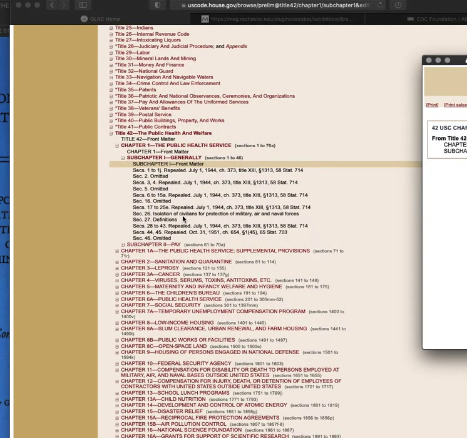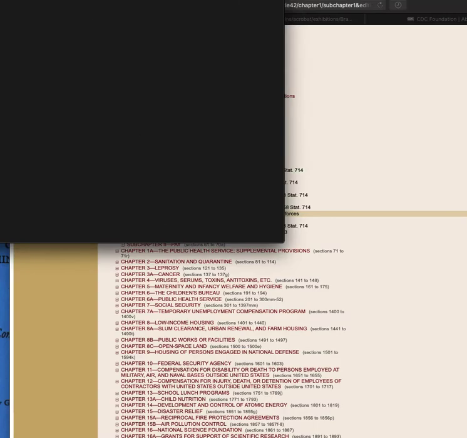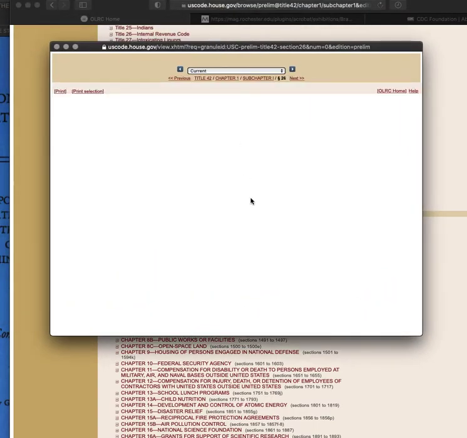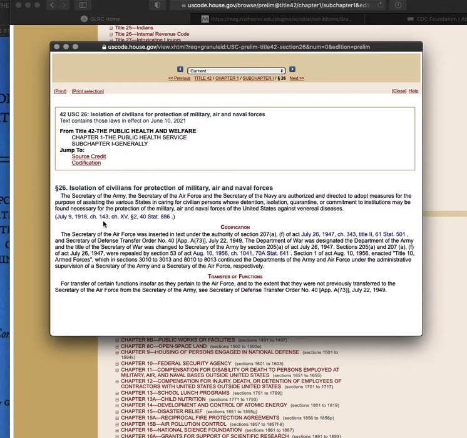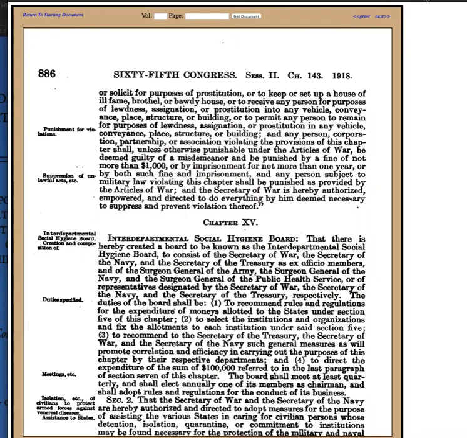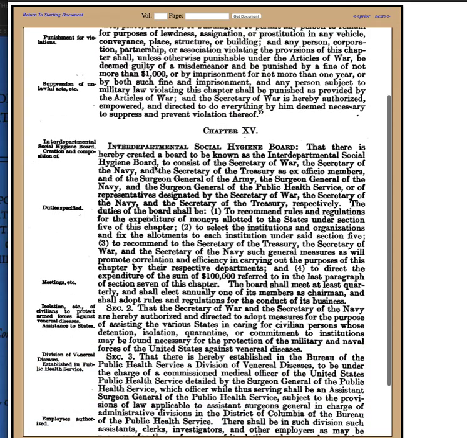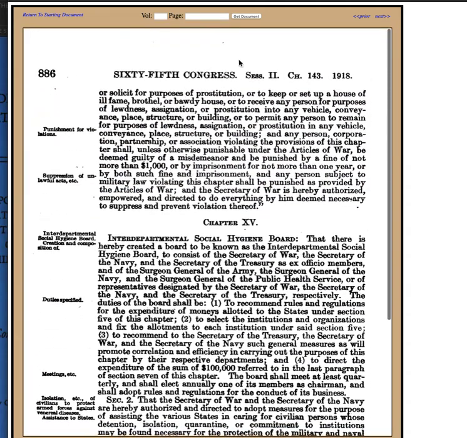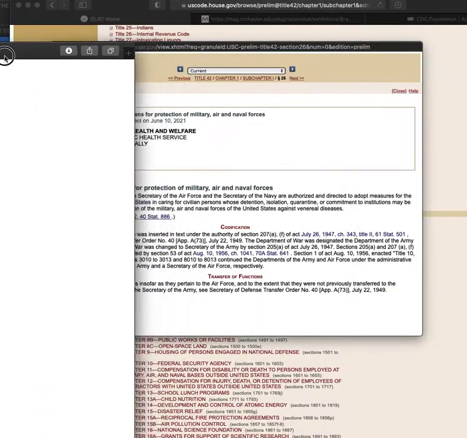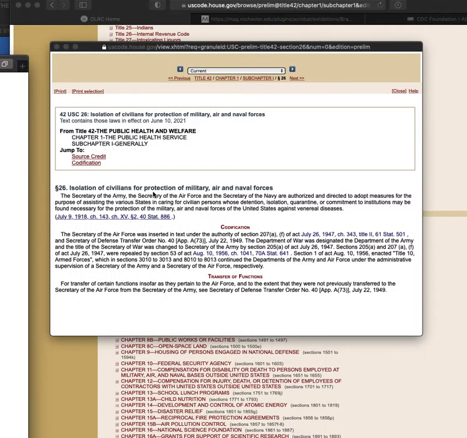Repealed, repealed, repealed. Isolation of civilians for protection of military and naval forces. Here we go. 40 Stat. 886. Let's click on that. And this is all about them controlling federal people on federal lands, because what does it say? Isolation of civilians for protection of military, air force, and naval forces.